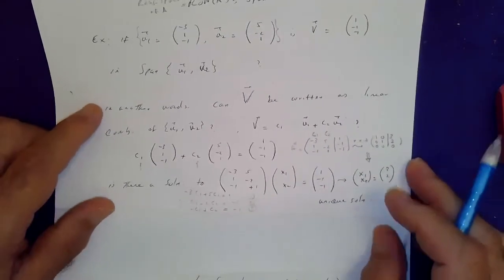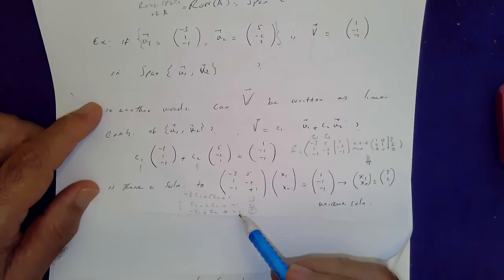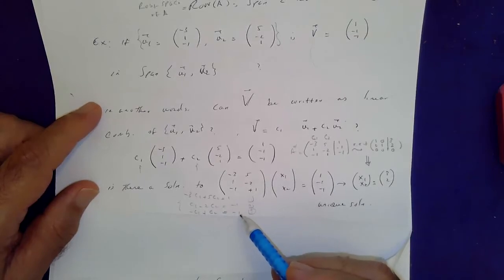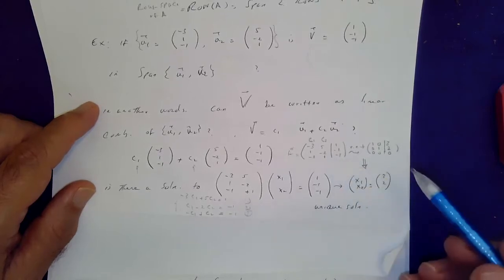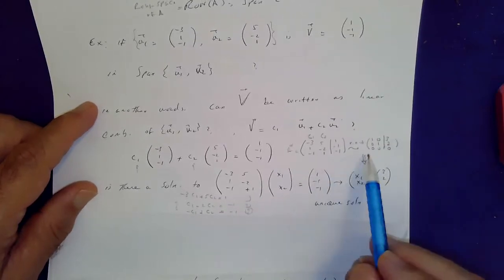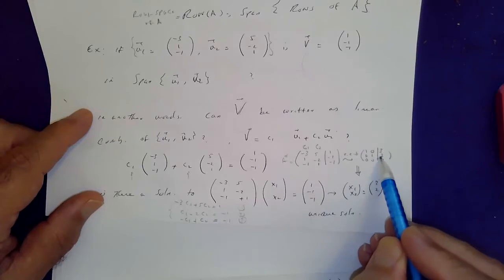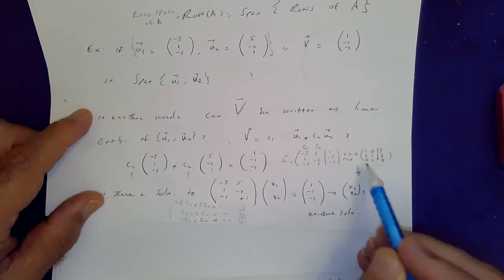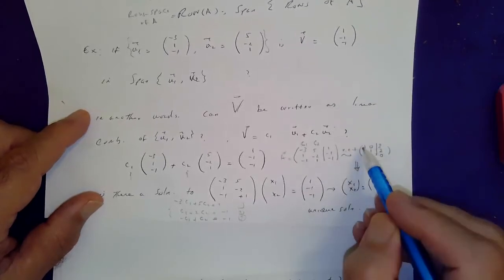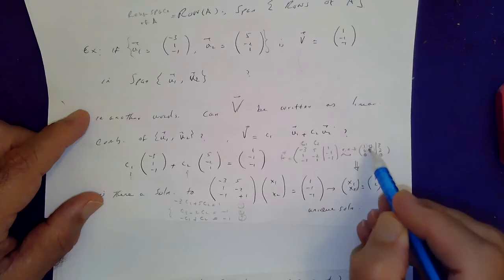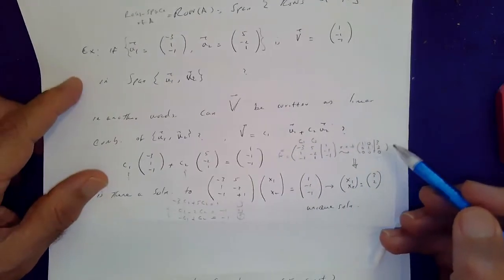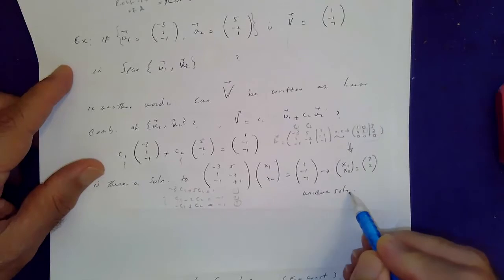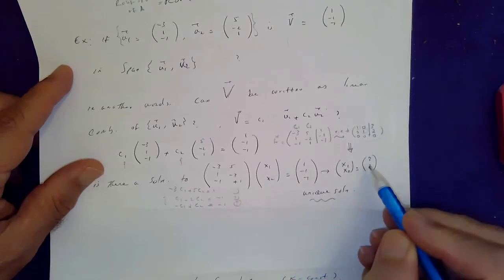Remember from previous sections, we learned if you have more equations than unknowns, there are two possibilities: either you have a unique solution or you don't. There is no other possibility. If you put it in row echelon form, even though the last row is 0, which is okay, the first two rows have pivot elements or leading ones in the appropriate columns. So it turns out you do have a unique solution.